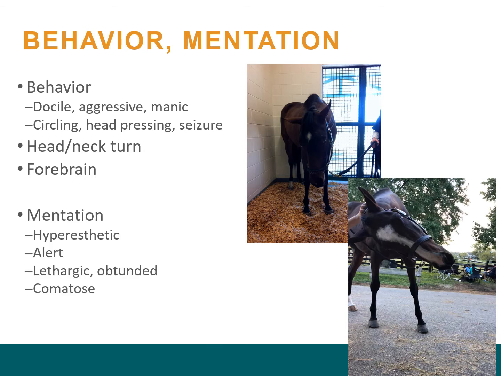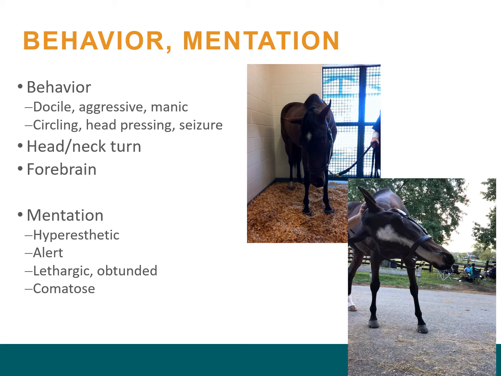So like I said, we need to separate behavior and mentation. Mentation is going to be that response to stimuli. So it's either going to be that horse that's overly responsive, that hyperesthetic horse that you touch, and they act like they were stung by a wasp, and come apart with just a routine level of contact.